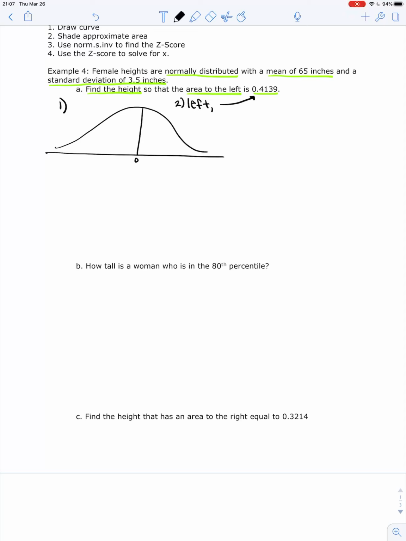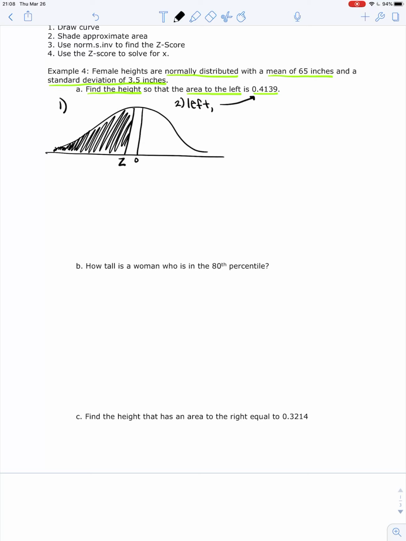So when I'm shading, I'm going to start shading somewhere over here on the left-hand side of my curve. Maybe not even that far. Okay, maybe like here. And then I want the area here. Okay, this area that I just colored in is equal to 0.4139, or about 41% of my curve is what I shaded. And it's the area to the left of this unknown z-score.